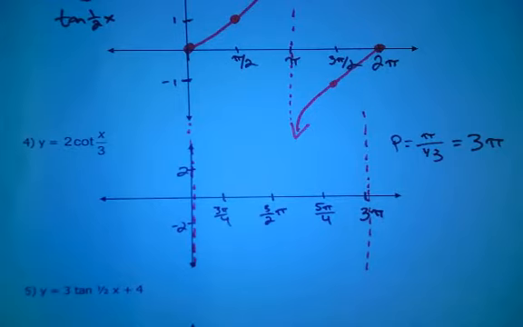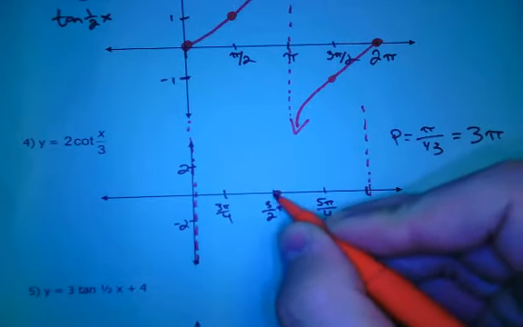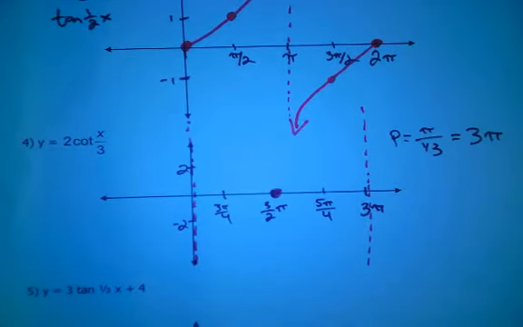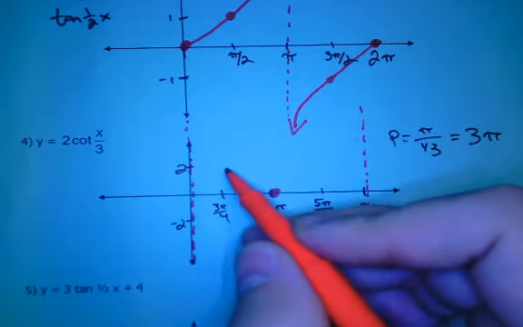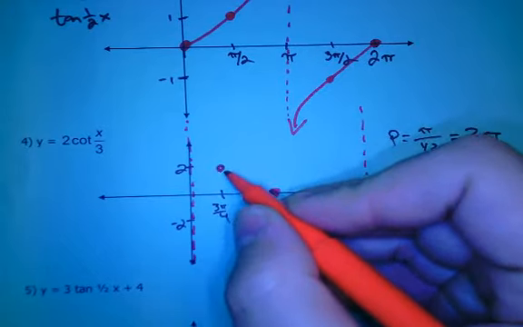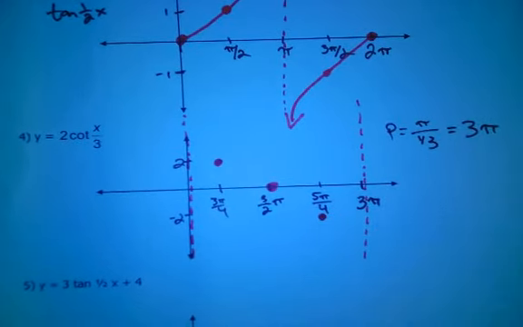Smack dab in the middle is what? 0. I didn't space this out very nicely. And then the first tick mark is above, below, 0, asymptote. Which one is it? It's above. And the last one we didn't mark off is going to be below.